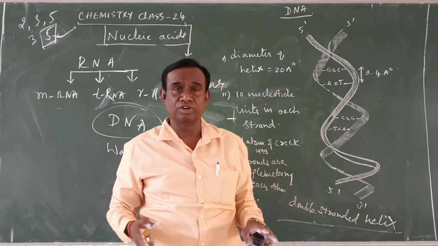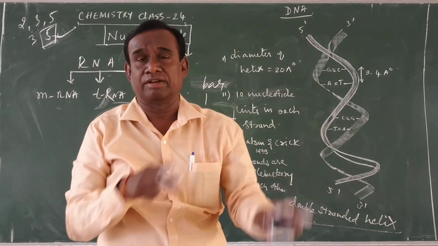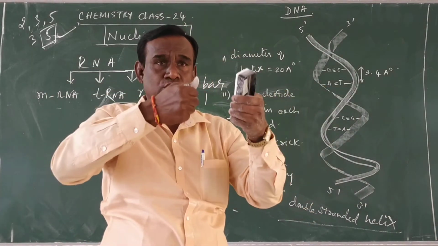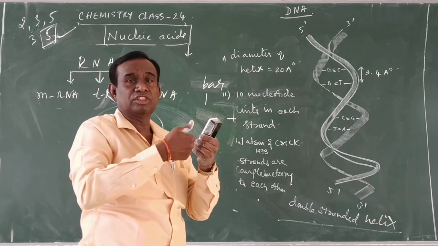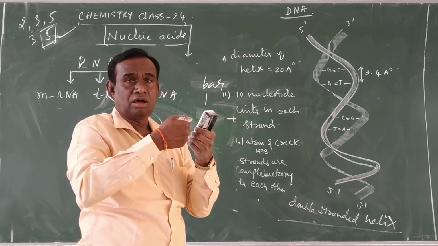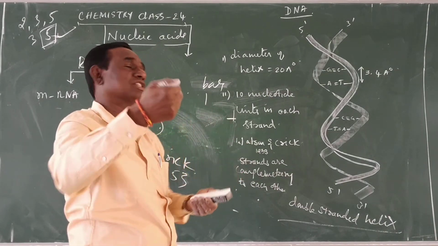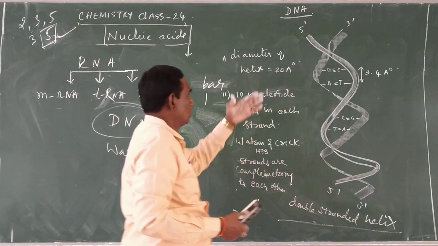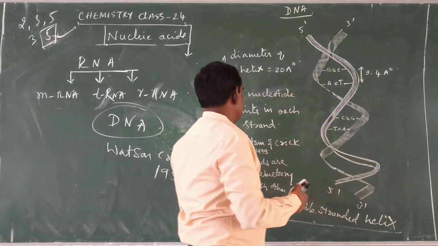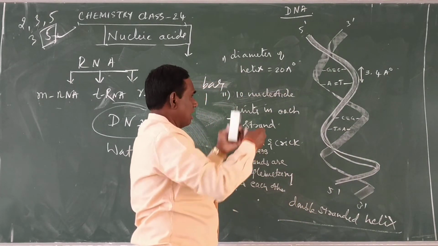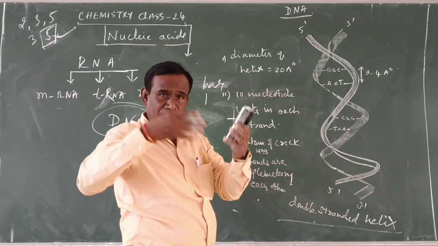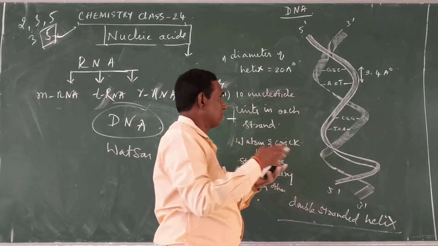Two polynucleotide chains are held together with each other, and these two strands are held together with hydrogen bonds along with the pairs of bases. How actually is it? These two nucleotide units are held together by a pair of bases.